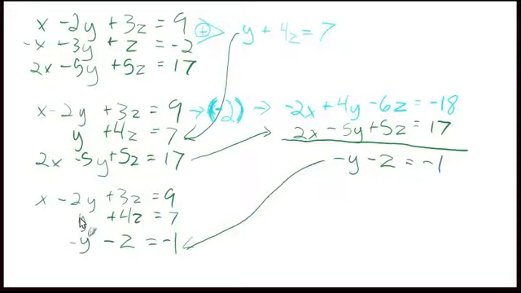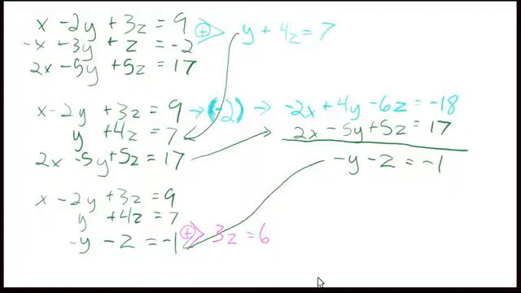So it's already set up really nicely. They want to cancel each other already, so I'm just going to add these together, and I will get y minus y is no y's, 4z minus z is 3z, and 7 minus 1 is 6. So now I've got this new system. I'm going to move over here since I'm running out of vertical room. I'll go horizontal.